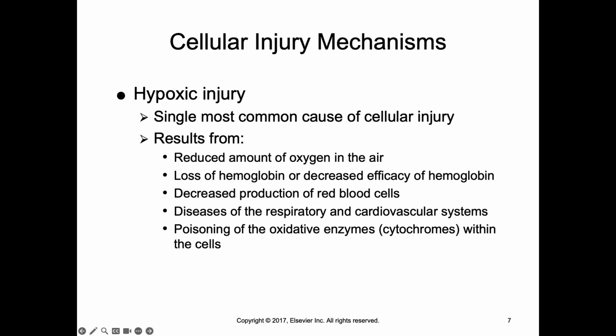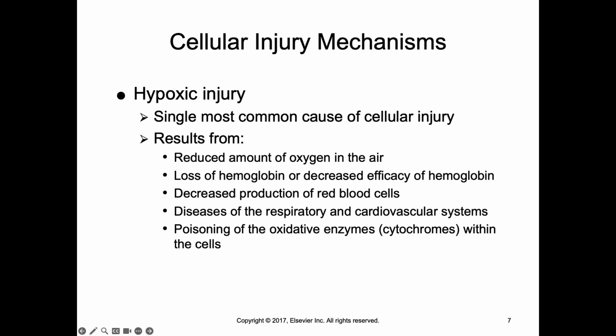It's the single most common cause of cellular injury, and results from any of these reduced delivery conditions: less oxygen in the air, loss of hemoglobin or decreased efficacy of hemoglobin, decreased production of RBCs so your hematocrit falls, and disease of the respiratory and cardiovascular system.